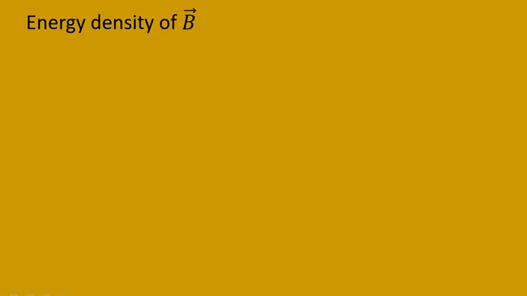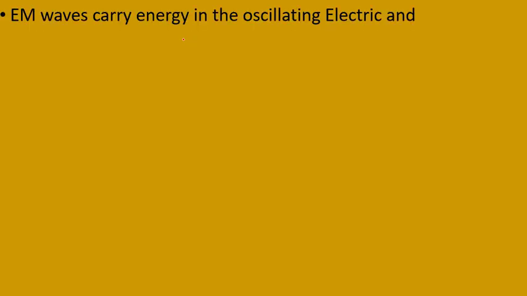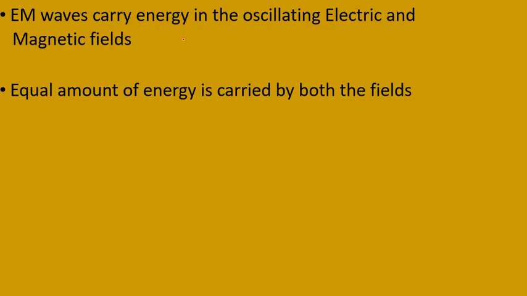So after discussing energy density of the electric field in the previous video, let us look at energy density of the magnetic field in this particular video. Before we start that, let's quickly go through the points that we discussed in the previous video once again. We know that electromagnetic waves carry energy in the oscillating electric and magnetic fields. That's point number one.